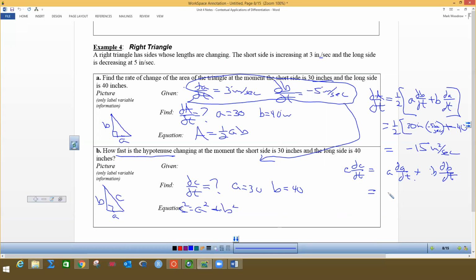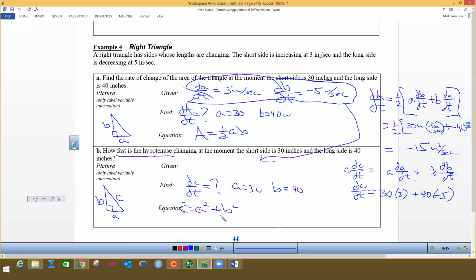Well, we got a little bit of a problem here. A is 30, and again, that's inches, and dA/dt is 3 inches per second. And I'm getting low on time here, so I'm not going to label these, but you're going to have to label it at the end. And we got 40 for b, and dB/dt is -5 still. And over here, we're looking for dC/dt. But we've got an extra variable here, so we've got to be able to find that.